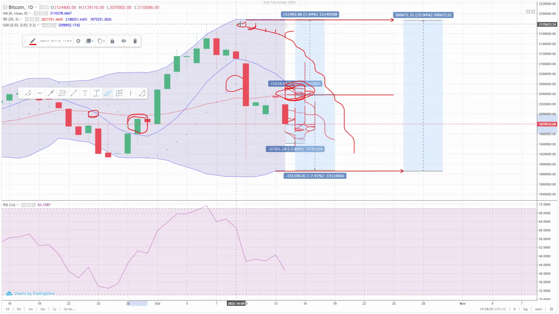Parabolic SAR. Over here, they are far away from the candlesticks. It's going to take a while for the candlesticks, probably in a week's time. We will be going down with this also. So maybe we will still see another 5 to 7 days of the prices dropping.